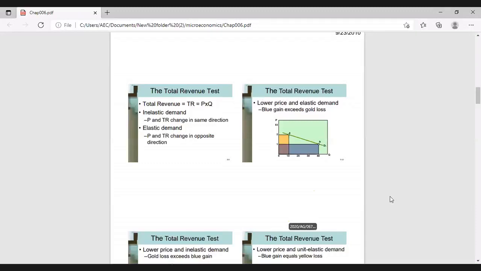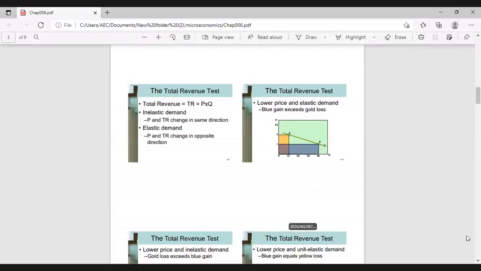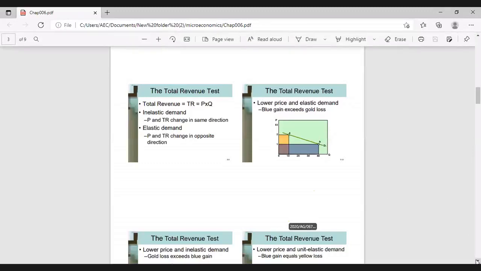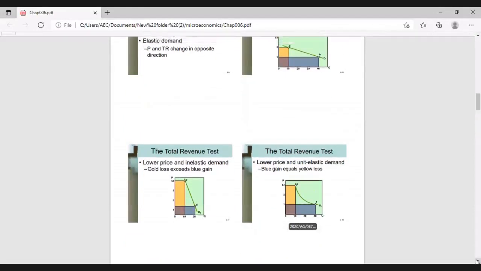That means when the price increases, revenue decreases. So this demand is elastic demand.